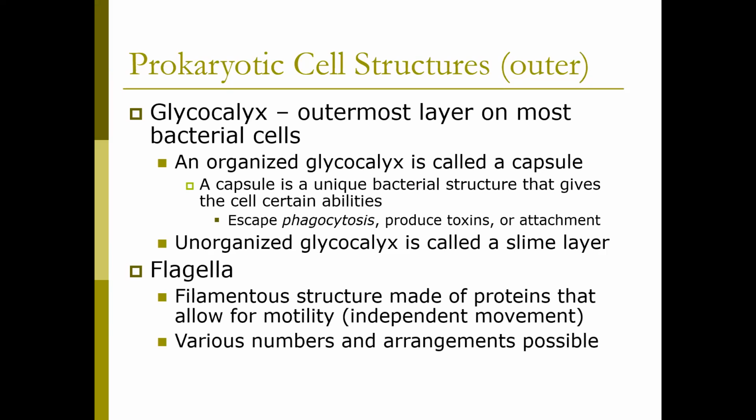So the capsule, if it is present, can give the bacteria certain abilities, such as the ability to escape phagocytosis, which we will talk about later in the semester, or to produce certain dangerous toxins, to attach to a host cell. Basically, the more organized and advanced the capsule is, the potentially more dangerous the bacteria is to a human. And an unorganized glycocalyx is called a slime layer instead of an actual capsule.